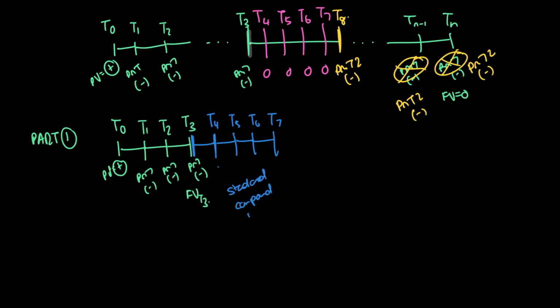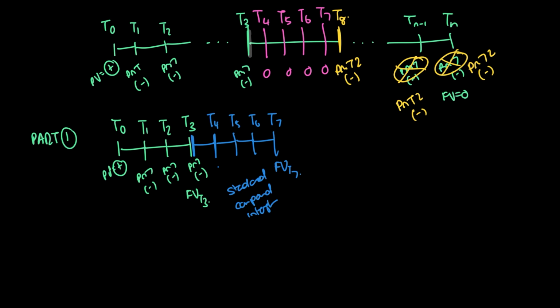So you're earning interest, but you're not making any payments. So it's just your basic compounded interest calculation occurring there. Up until T7, you have that happening, which means you're going to want the future value at T7.